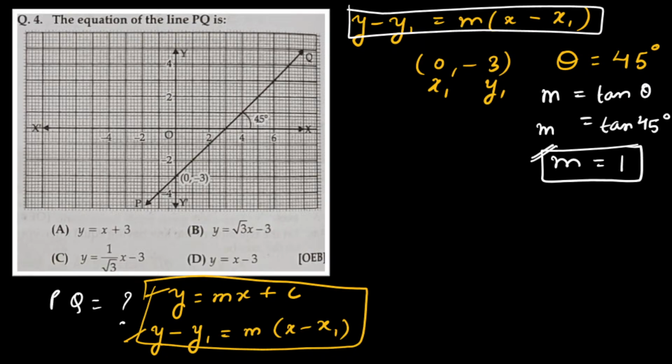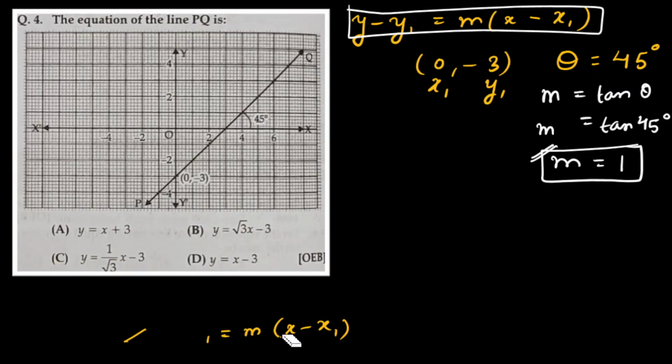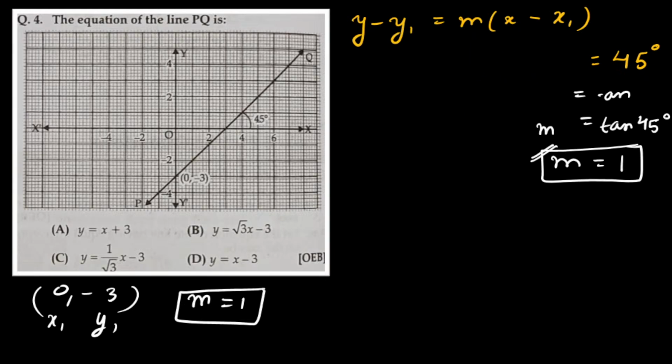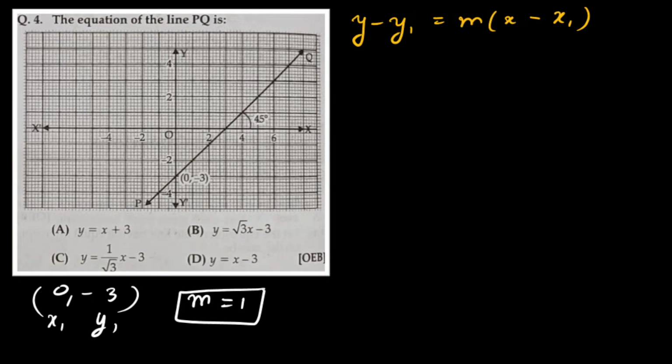Now we know x1, y1. We have to substitute. x1, y1 is 0, comma minus 3. Also we know the slope is equal to 1. Both things we just have to substitute and get the required equation. So y minus y1, y1 is minus 3.